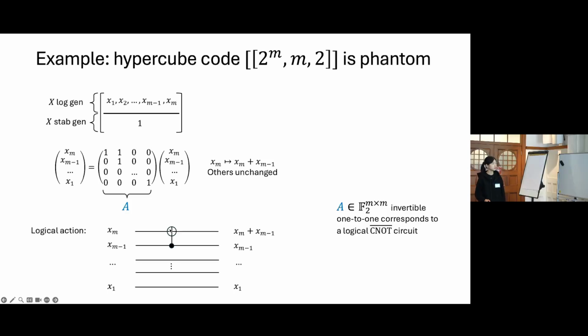So perhaps you already noticed that this A matrix for the transformation corresponds one-to-one to any given logical CNOT circuit. So this is basically what gives you the phantom code property.